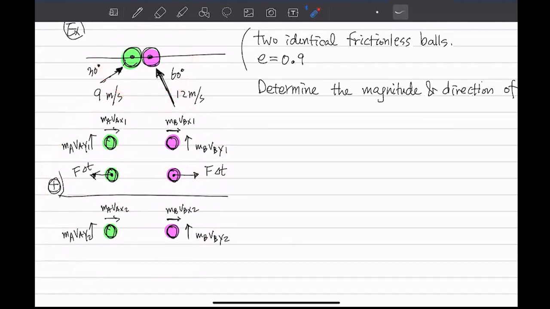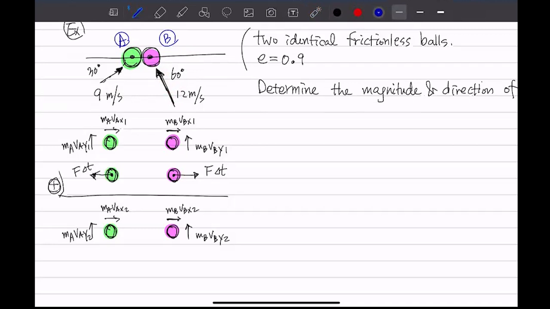And we know what these VAX1, VAY1, or these guys are, because the initial velocities are provided. So let's find those first so that we can use that for later purposes. And let's call this guy A and this guy B, by the way.